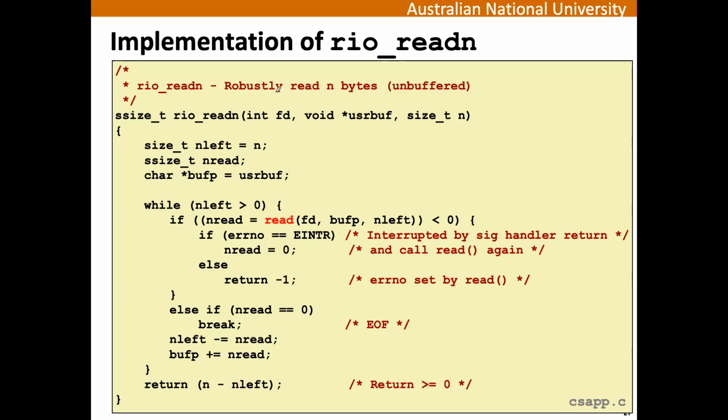So the same arguments as the read system call: a file descriptor, a buffer that is provided by the user or the programmer, and how much the programmer intends to read. Same arguments, it's a wrapper.